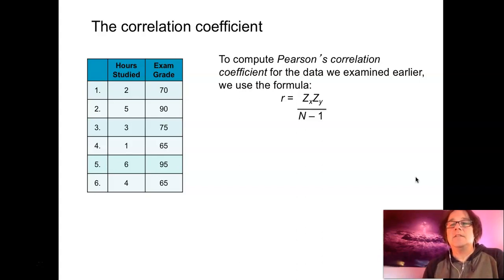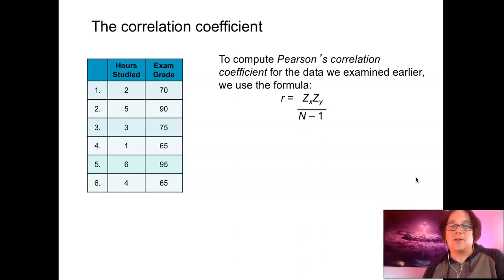So we see the z of x and z of y. It's what we call cross products. We'll see how that works out in a second, divided by the degrees of freedom. So it looks like an easy enough formula if you have all the z-scores for x and all the z-scores for y. So what exactly is x and what is y?